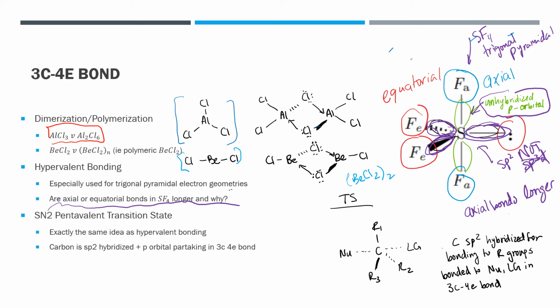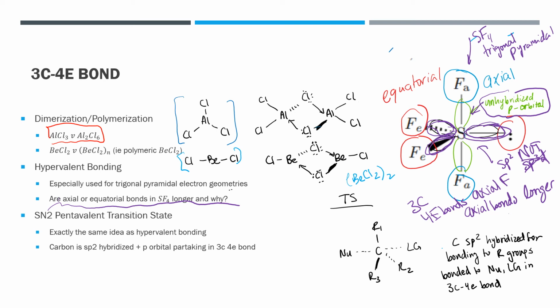So what does this mean? The p orbital actually forms 3 center 4 electron bonds with our axial fluorines. If we thought of this as sp3d, we would just say all the bonds are normal, 2 center 2 electron. But because we have an unhybridized p orbital, what is actually happening is 3 center 4 electron bonding.